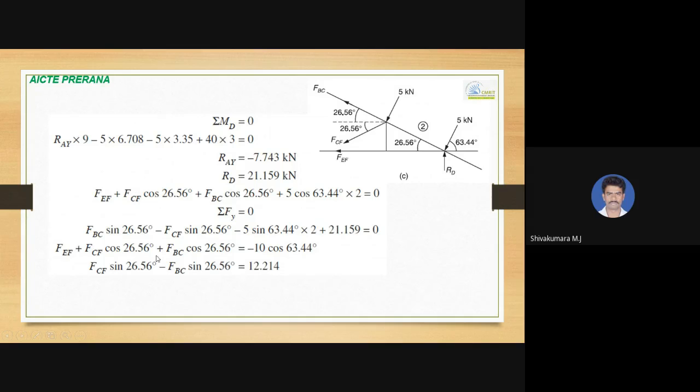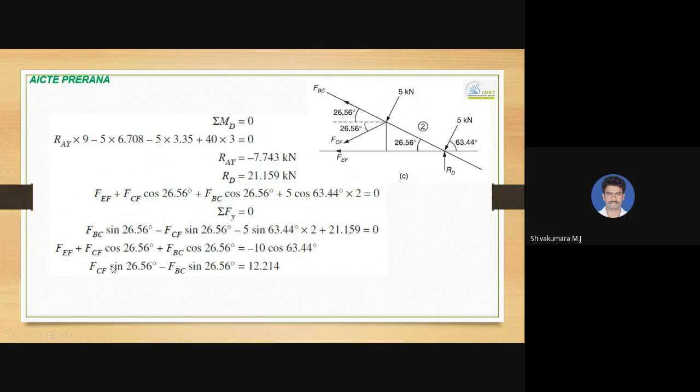This particular equation is simplified and rewritten over here, and this constant value is sent to the RHS, so that it becomes minus 10 cos 63.44. And then this equation is rewritten in such a manner that it comes as FCF, FBC in this manner. Okay. So we have three unknowns in the first equation, and two unknowns in the second equation.